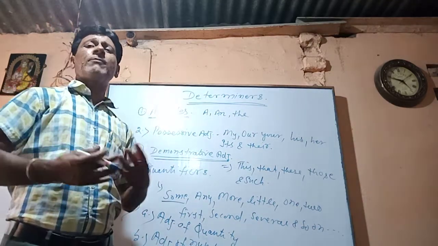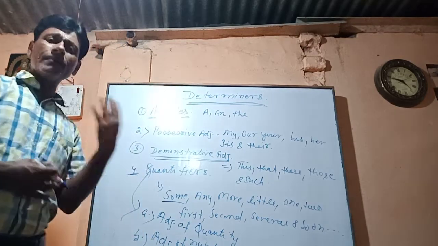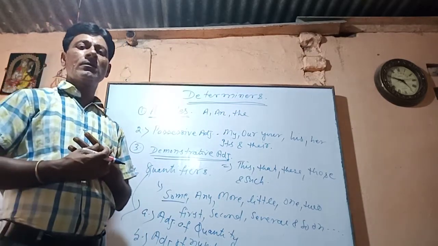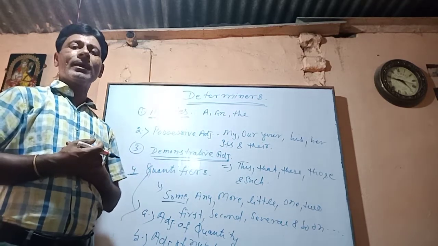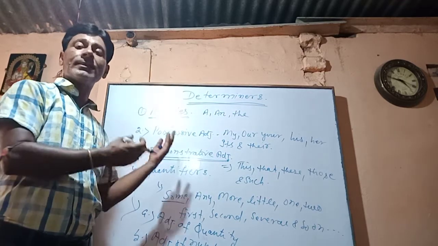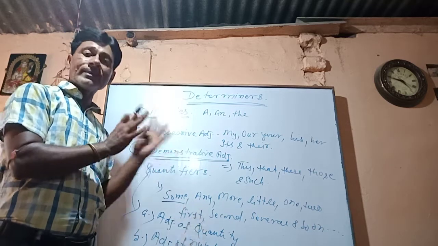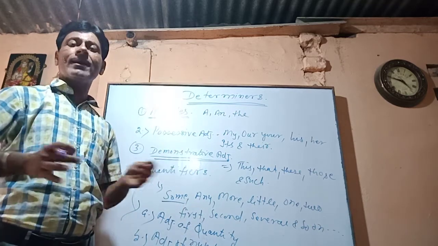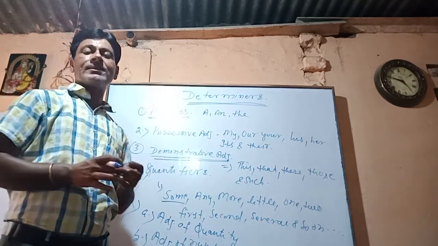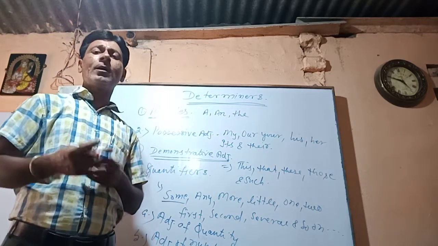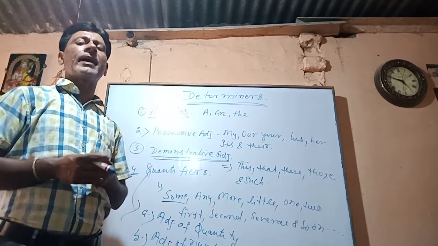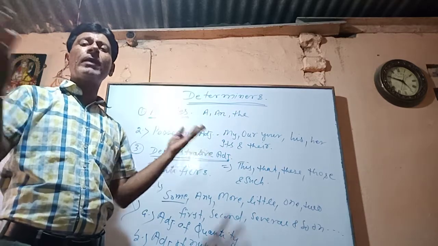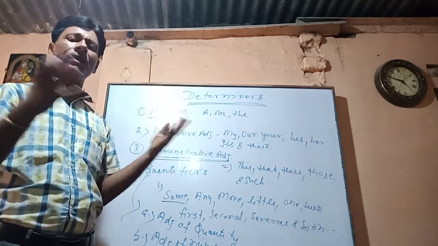Once the concept of determiners is clear, it becomes easy to enhance and develop our knowledge in every class about this chapter. Once our concept is clear, we need not learn much about the chapter every single time. We learn different things about the chapter, because there are many things to learn.